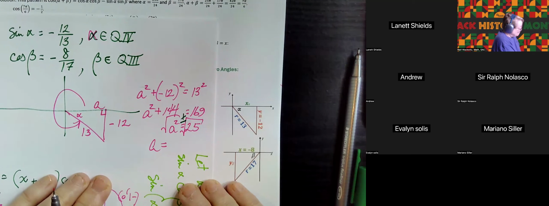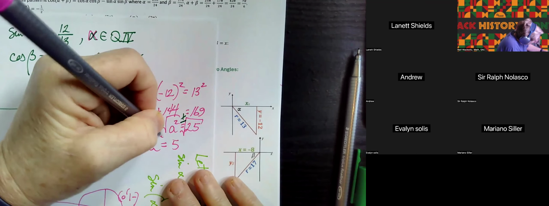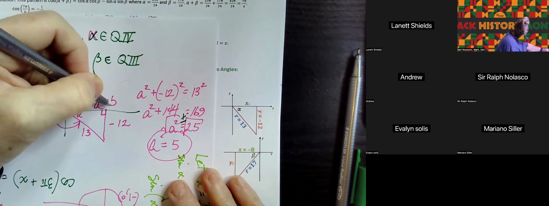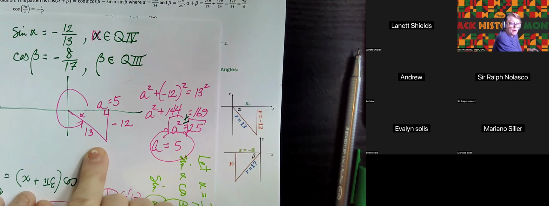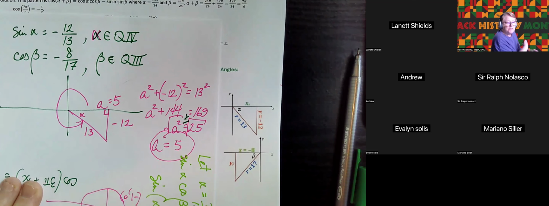Positive. Good. So we get 5. And do you see that now that we've got all 3 sides of this triangle labeled, it's easy to write the sine and the cosine of alpha.